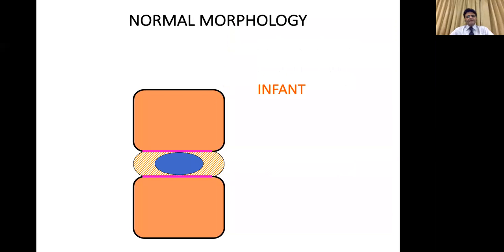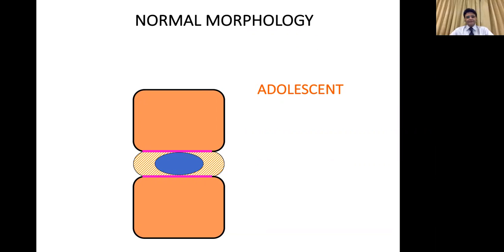This is how the infant is born with a disc. There are some blood vessels which percolate in there in a child and an adolescent. The hyaline cartilage gradually thickens. The annulus gets stronger. And over a period of time, the nucleus pulposus develops clefts.